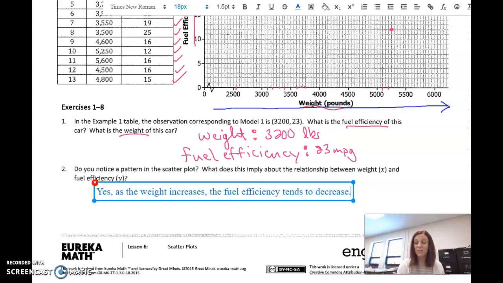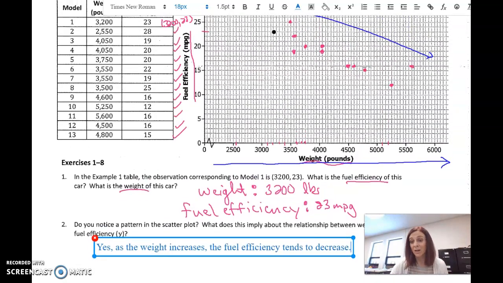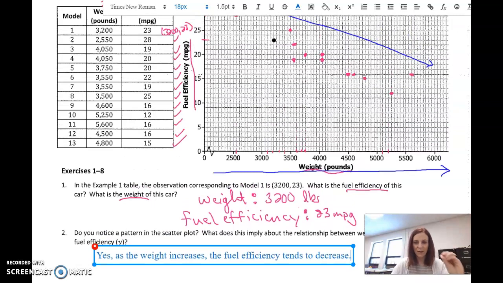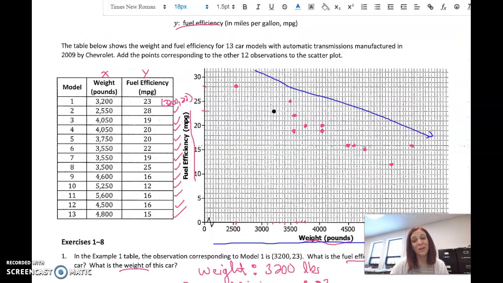Not in a perfectly straight line, but it does tend to decrease. This is what we're going to be working on today: plotting real life data on a scatter plot and then answering some questions about the relationship. We have to be careful not to assume things about the relationship as we deal with real life data.